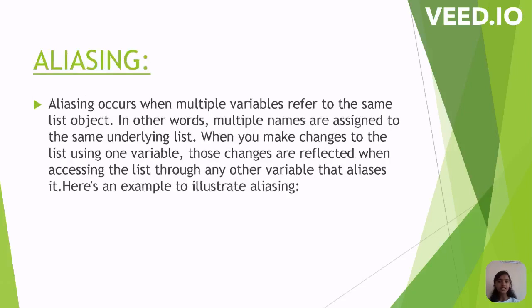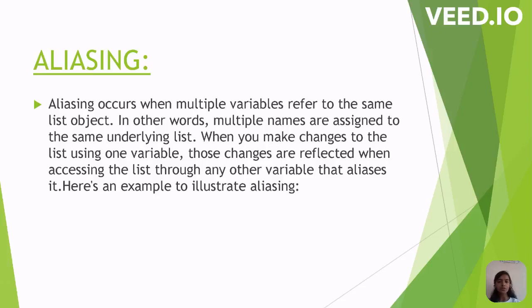Aliasing. Aliasing occurs when multiple variables refer to the same list object. In other words, multiple names are assigned to the same underlying list. When you make changes to the list using one variable, those changes are reflected when accessing the list through any other variable that aliases it.